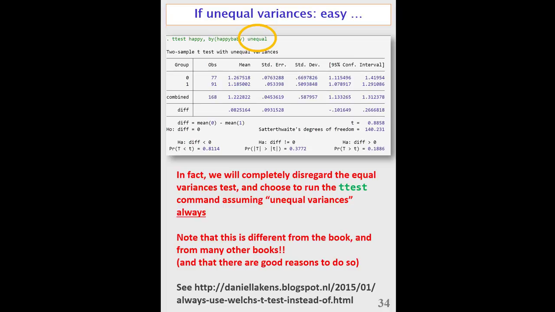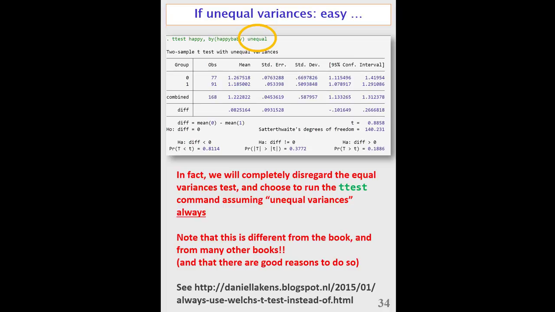I agree with all of that, but that is not what we're doing. If you have one normal distribution like this and one normal distribution like this with a very wide variance, that makes a difference. You have to take that into account, and in fact you do, by always having this unequal option. Now we have the case where the variances are actually the same, so same shape.